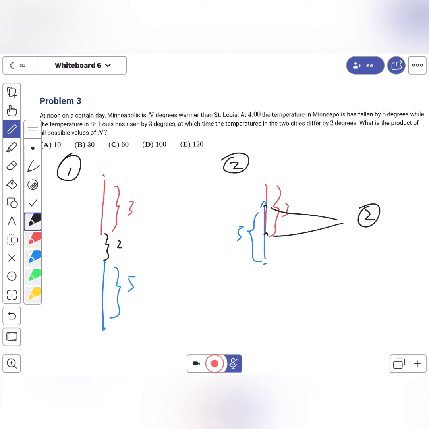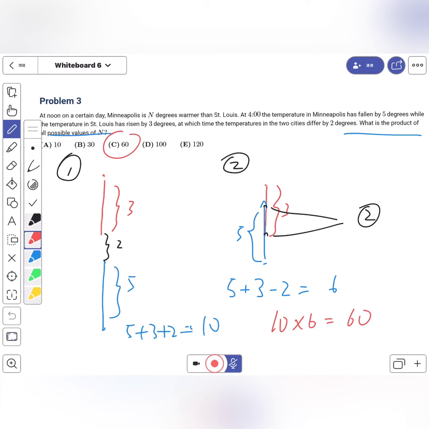So the length in this case is 5 plus 3 minus 2, which is equal to 6. And on the other side, we have 5 plus 3 plus 2, which is equal to 10. We're asked to find the product of all values of n, so the answer is 10 times 6, giving us 60, answer choice C.